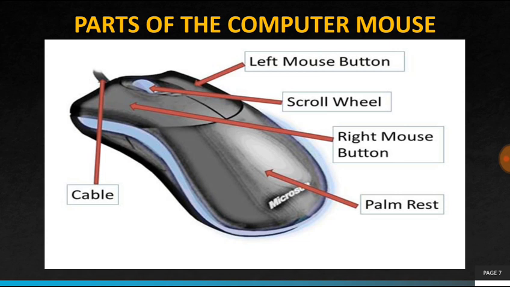So these are the parts of the computer mouse. We have this side to be a button, and that's the right button. That's where we normally put our index finger. So whenever you hold the computer mouse, where you have your index finger, that's what we call the right button.